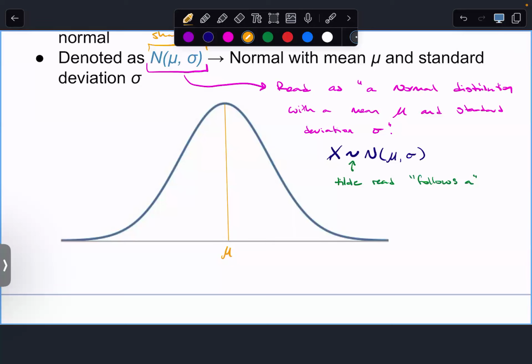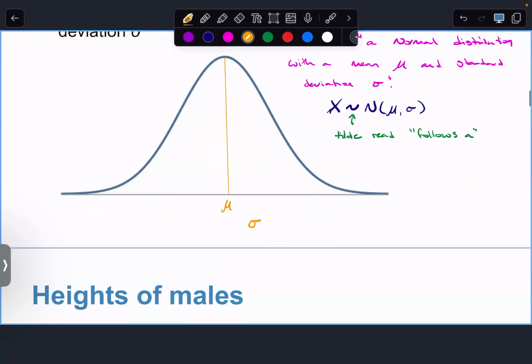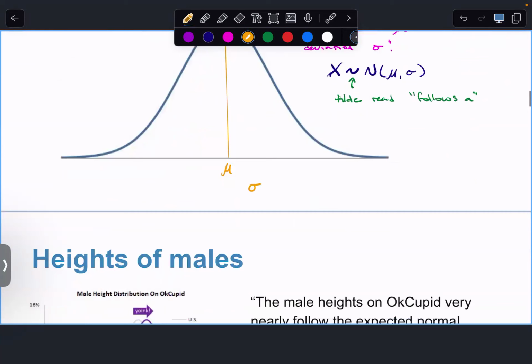And then there's no physical thing on here that I'm going to attach my sigma to, but usually I just kind of write it down below, sigma equals 3 or something like that, right? The spread is 3. And we'll talk more about that in a bit, but I'll remove the equals 3 and just write sigma below the distribution somewhere.